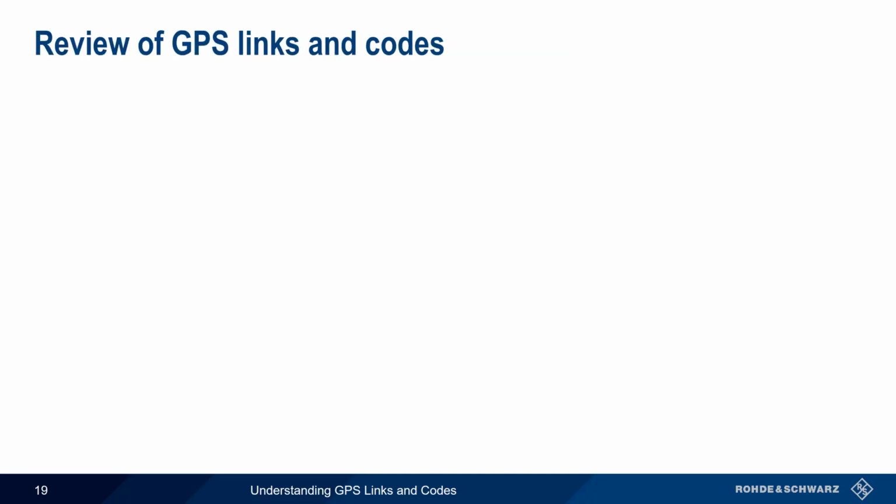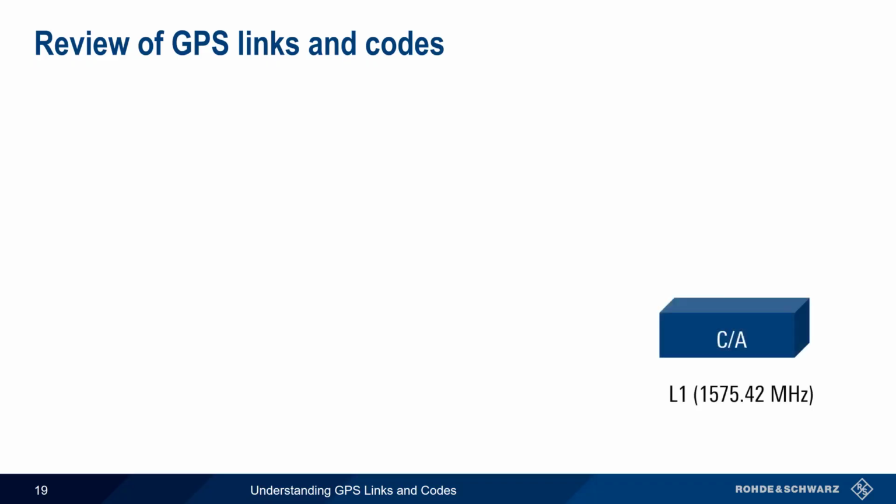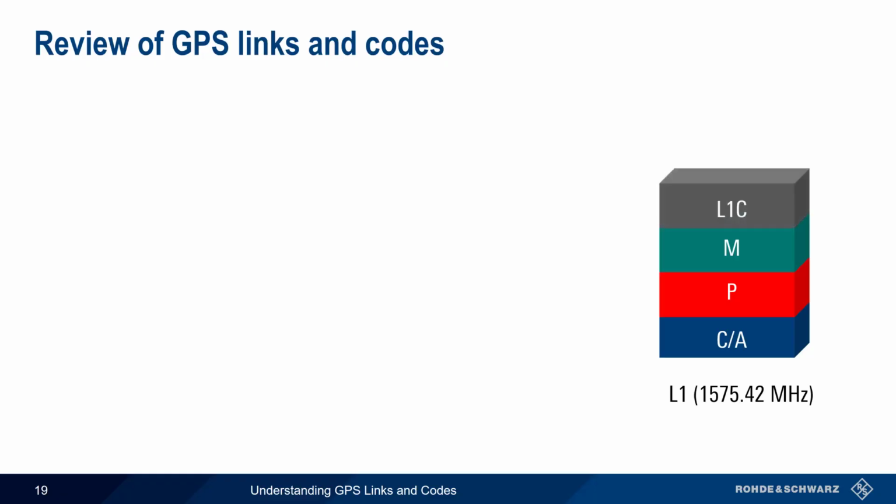So let's review the links and codes used in GPS. On L1 we have the CA code, which is used by almost all civilian GPS receivers, and which is also used to acquire the higher precision, but encrypted P code. L1 also carries two modernized codes, the updated military M code and the civilian L1C, which is designed to interoperate with other global navigation systems.